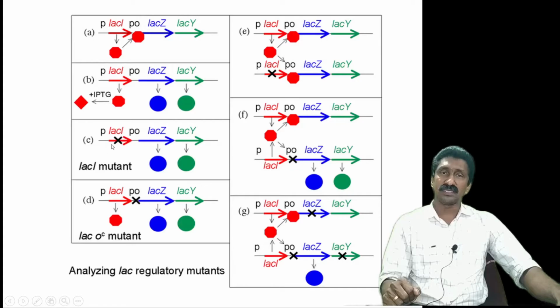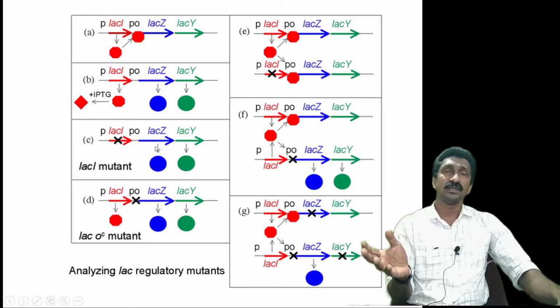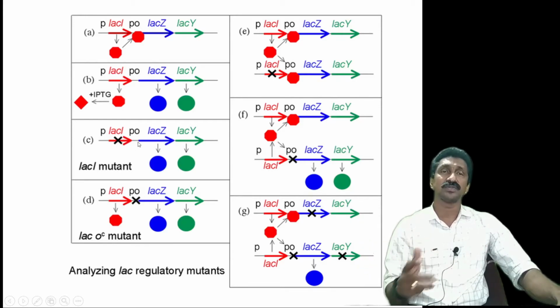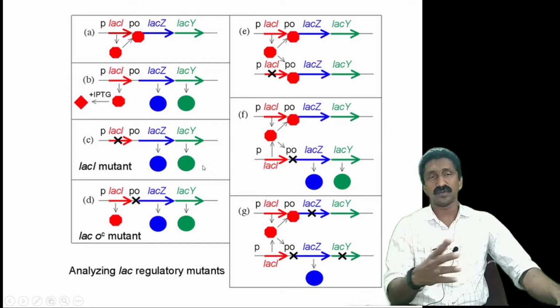And in some cases, there is a lacI mutant. The lacI mutant cannot produce the repressor molecule, so it will be in a constitutive state. It will always express in the absence of the repressor molecule, the operon will always code for lacZ and Y. And of course, A.